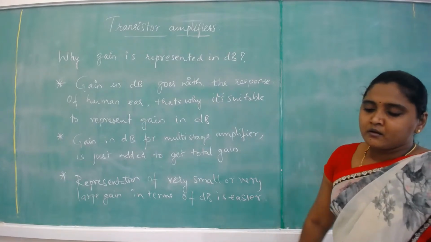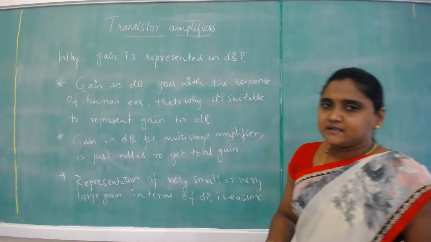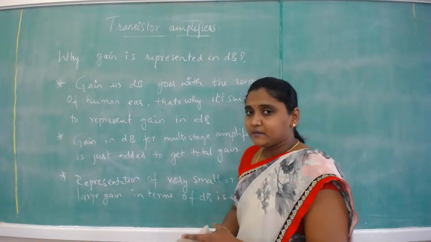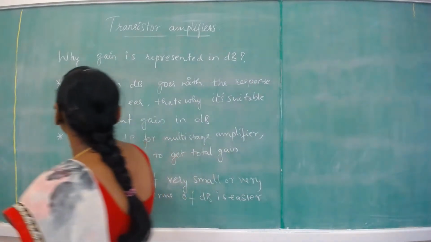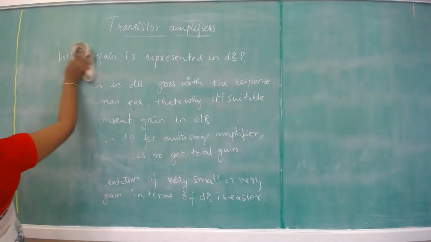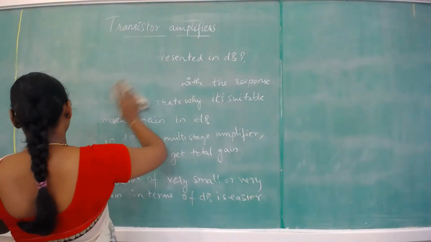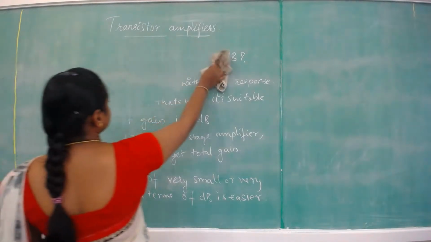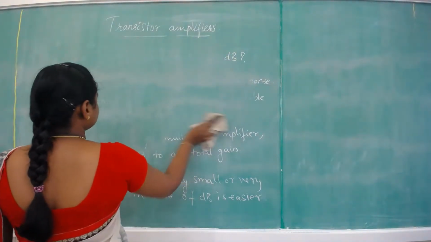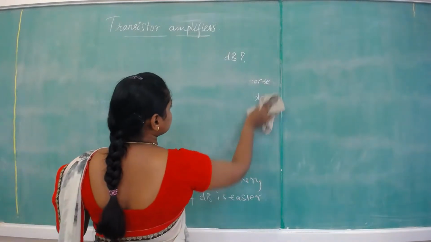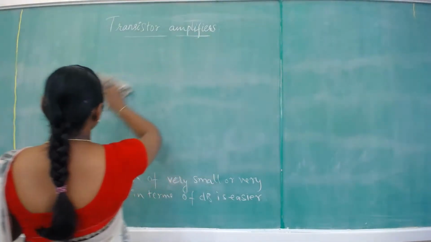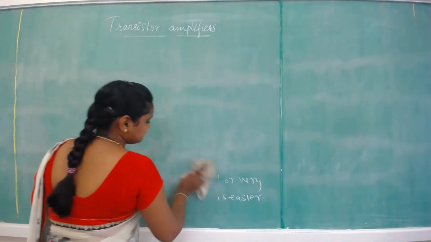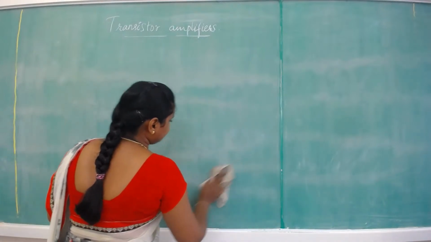That's why we normally represent the gain in terms of dB for amplifiers. This is about the decibel.